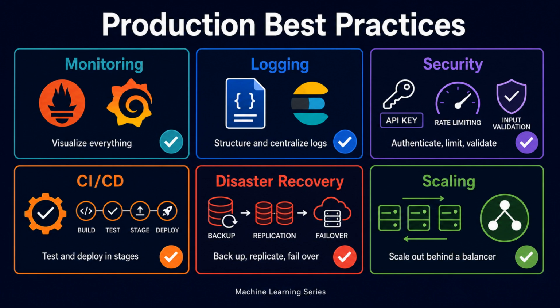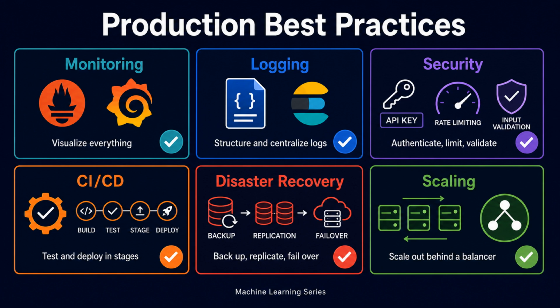Let me share essential best practices for production RAG. For monitoring, use Prometheus and Grafana to visualize everything from latency to error rates. For logging, use structured JSON logs that can be queried in Elasticsearch. For security, implement API key authentication, rate limiting to prevent abuse, and thorough input validation to prevent injection attacks.